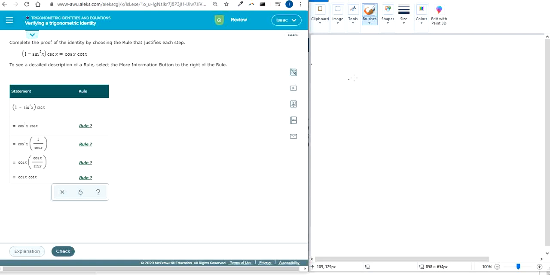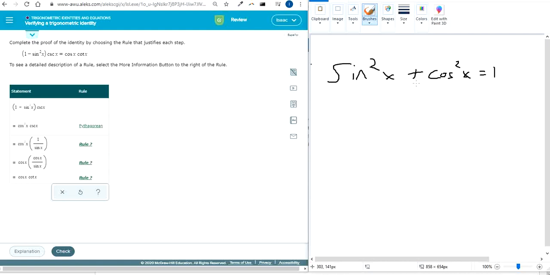Anytime, at least for this class, when a trig function being squared changes to another squared trig function, that's the Pythagorean rule. Because we have this rule that sine squared x plus cosine squared x equals 1.